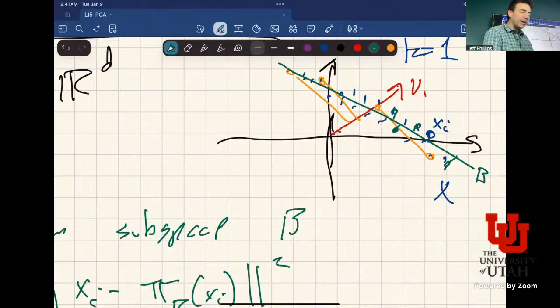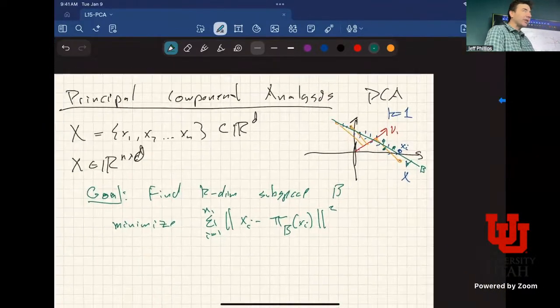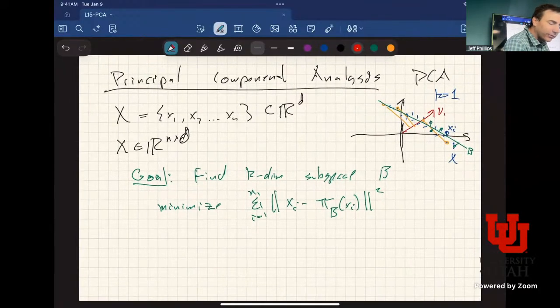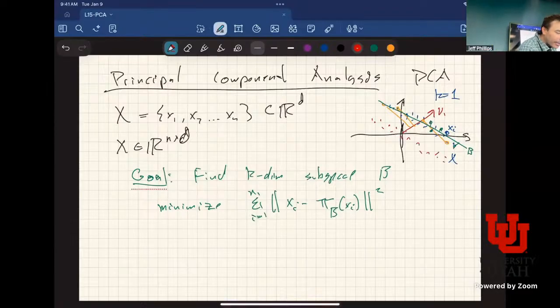So the trick is I need to first center the data. What centering the data means is I need to transform it so that the data looks like this. I basically move every data point by the same vector.